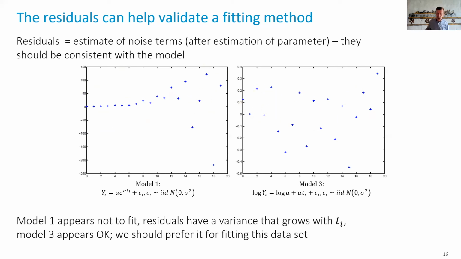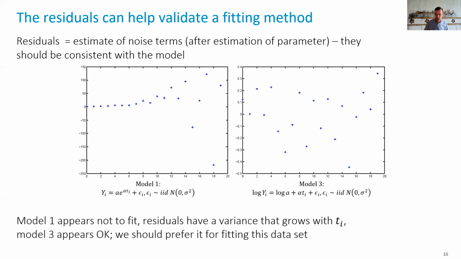So this is what I could say here. A posteriori, I could say if I have to compare model 1, which fits in the natural scale, with model 3, that fits in the log scale, then I would prefer model 3, because by looking at the residuals, I see that the error terms seem to be more natural, fitting better the stochastic model that I assume in this scale.